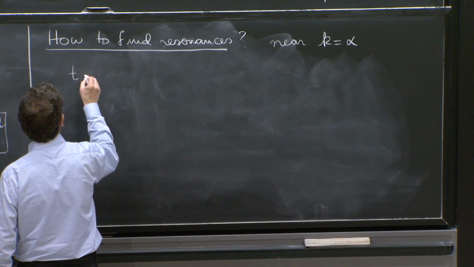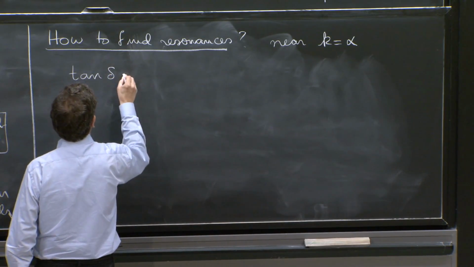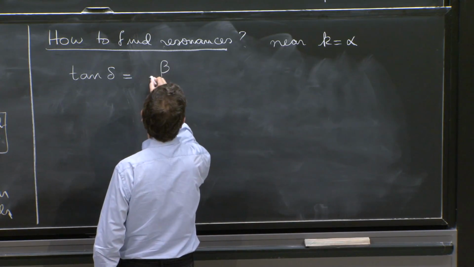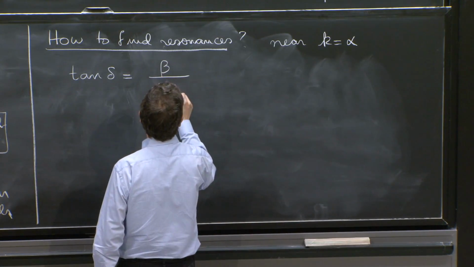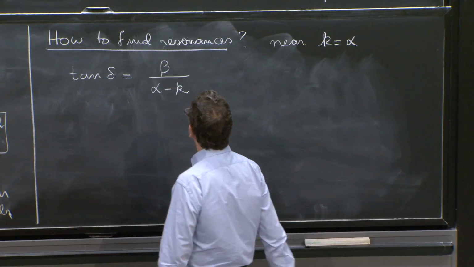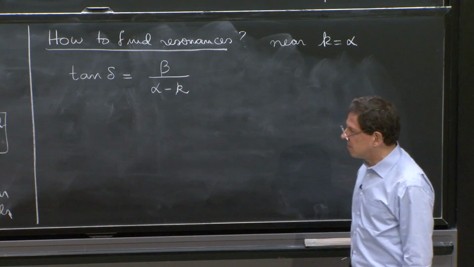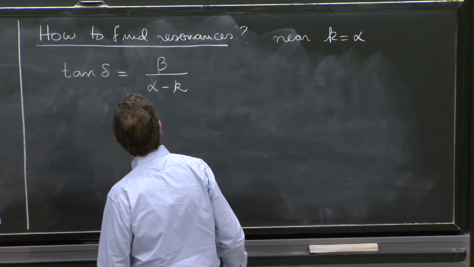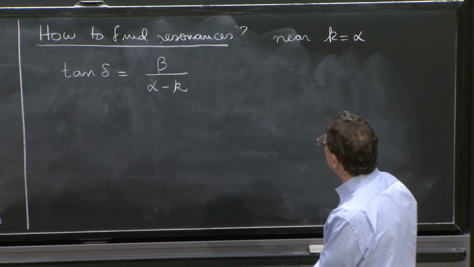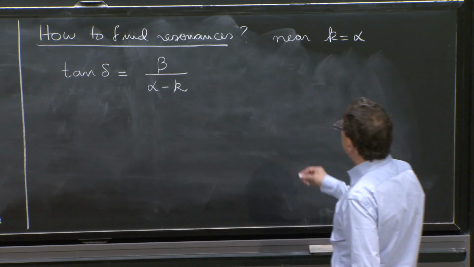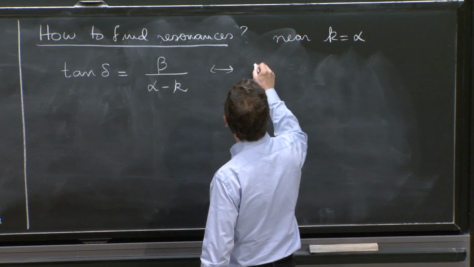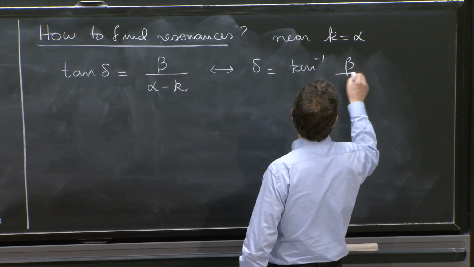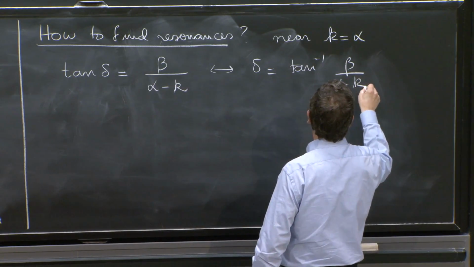We would say that tan delta is equal to beta over alpha minus k. Or if you wish, delta is tan minus 1 of beta over alpha minus k.